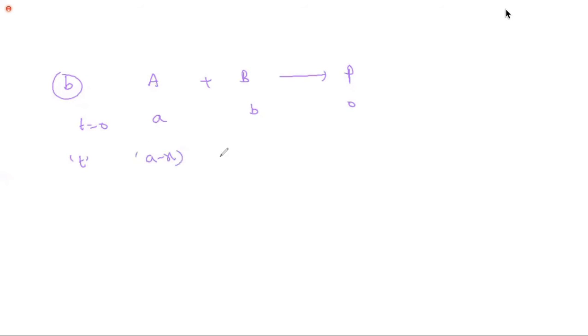A minus X, B minus X, and X, correct? So what will our rate dx by dt with respect to product be? It is K2 into the concentration of A minus X to the power 1, into the concentration of B minus X to the power 1. Then it is second order, right?